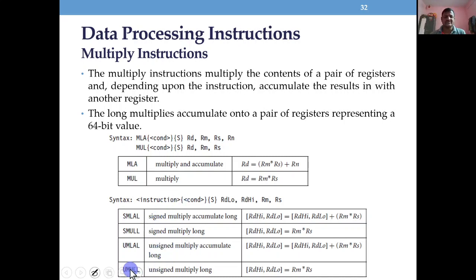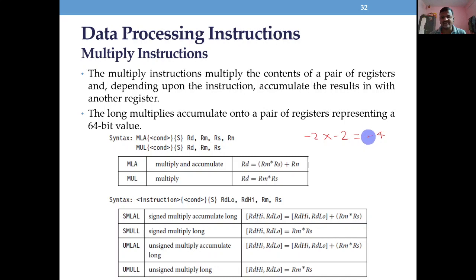Similarly here also, UMULL, unsigned multiply long, only performs unsigned multiplication. It will not change the multiplication sign. You know that -2 into -2, how much will you get? -4 or +4? -4, sir.